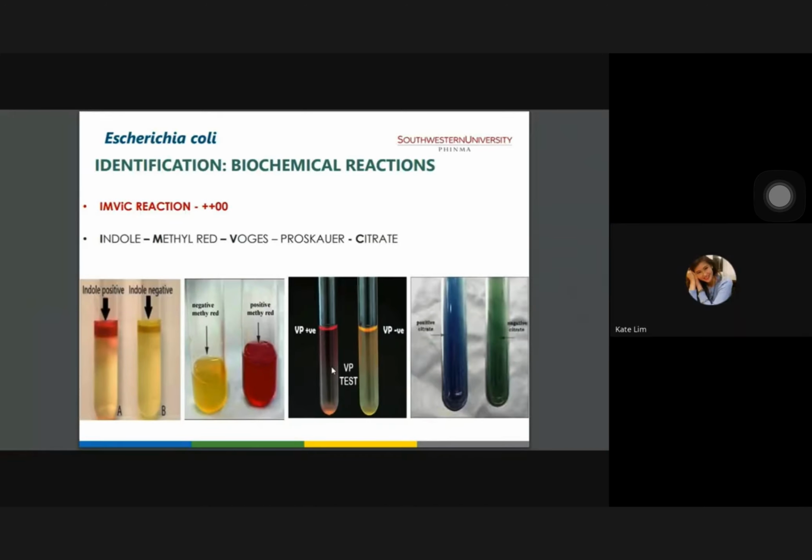How about the negative result? No pink or red color develops. The reaction, just like in this picture, remains yellow or unchanged, indicating that acetoin was not produced.